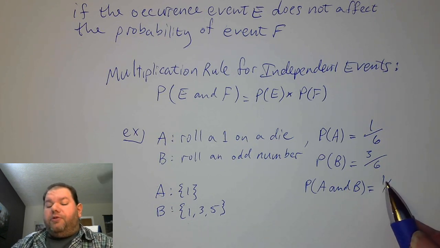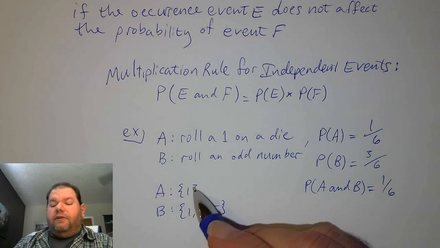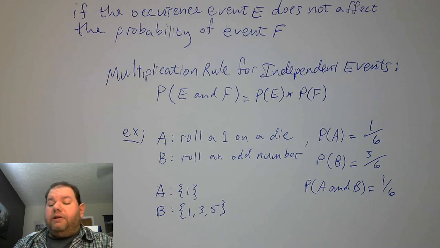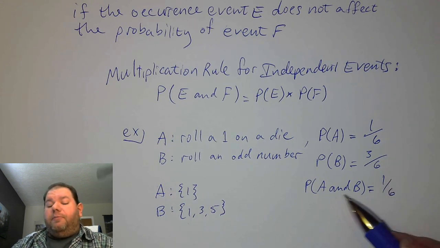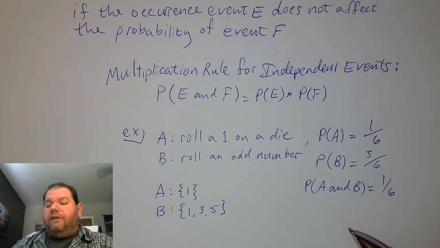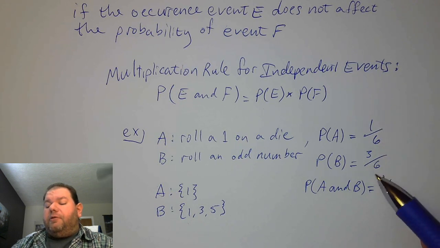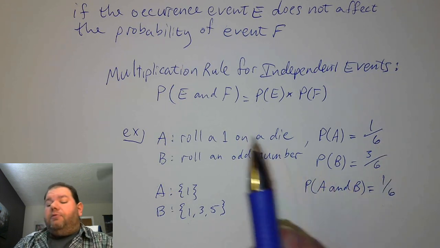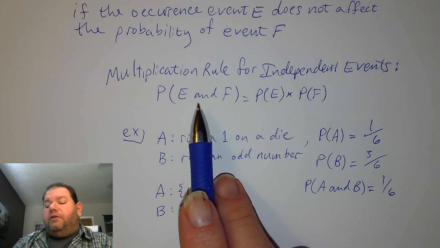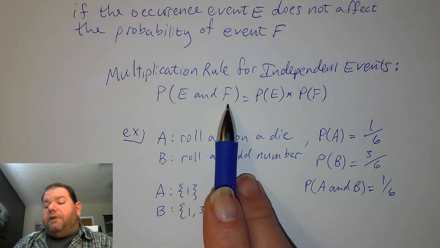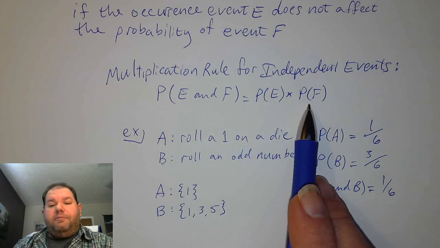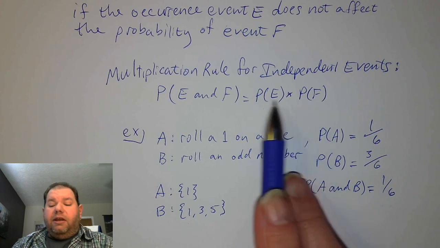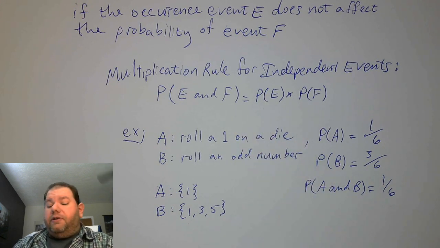So there's only one number in common between the two events, and that's if we happen to roll a 1 specifically. So there's a 1 in 6 chance both events are considered successes. And so here's our probabilities, and so what we'll do is we'll plug in the probability of A and B equals probability of A times probability of B, and see if they're equal to each other or not.